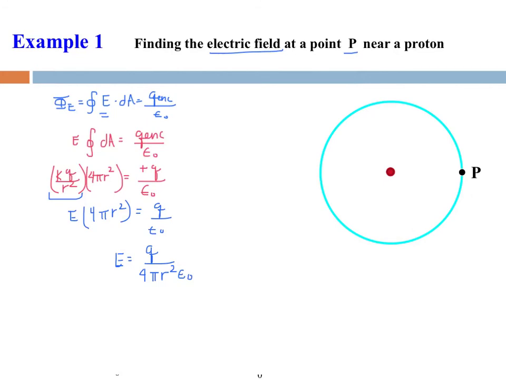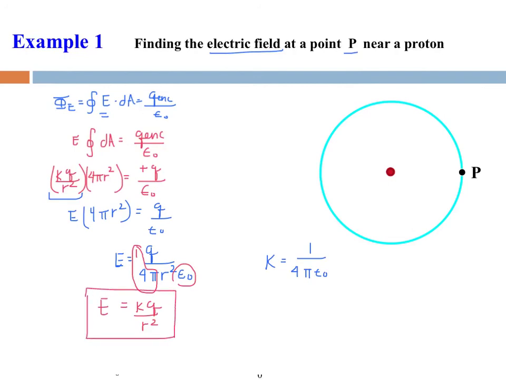Now, if you remember that K was actually equal to 1 over 4 pi epsilon naught, then I can make a substitution here, where 1 over 4 pi epsilon naught is K. So you see that my electric field, some distance away from this point charge, comes out to the equation for an electric field. So we know that our process was correct.